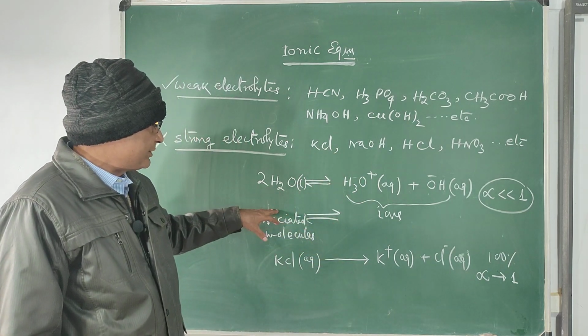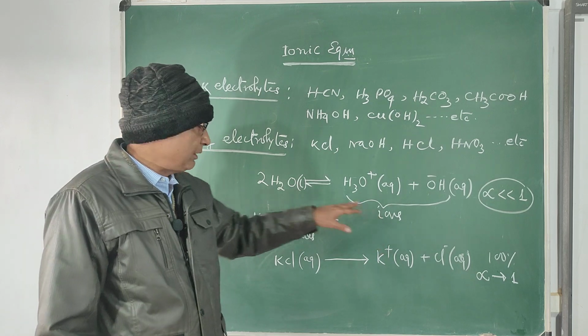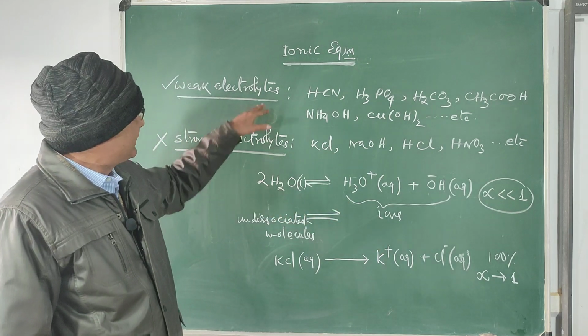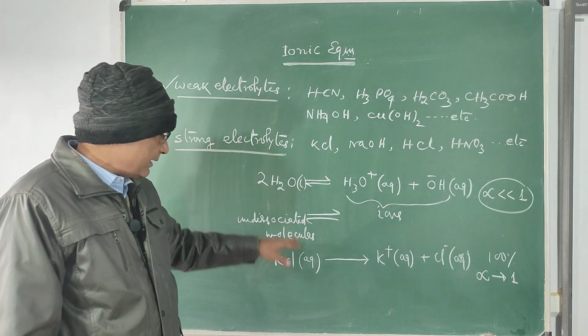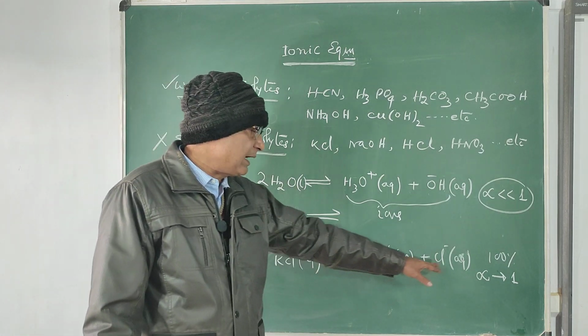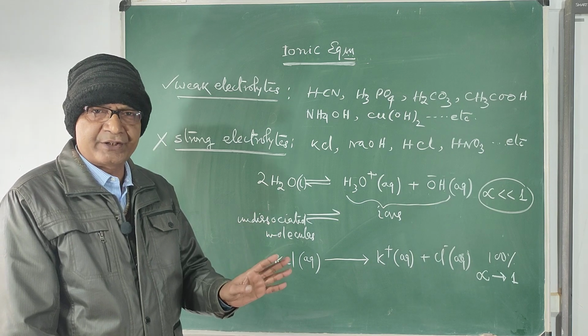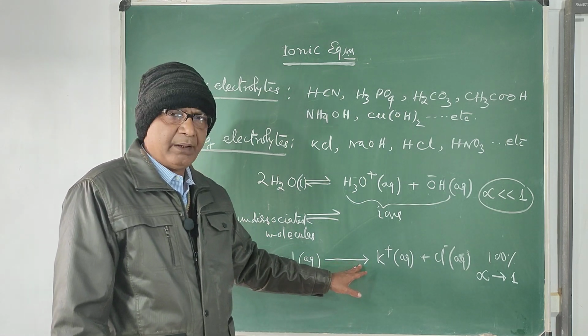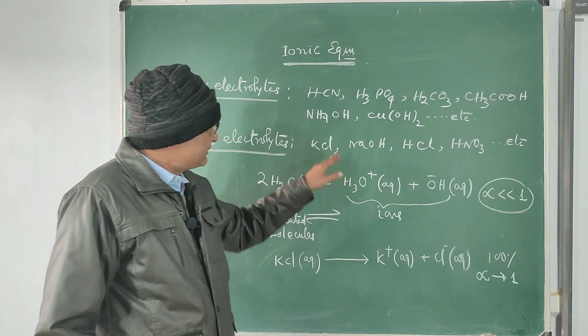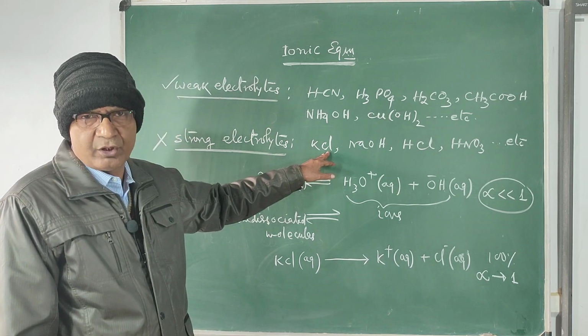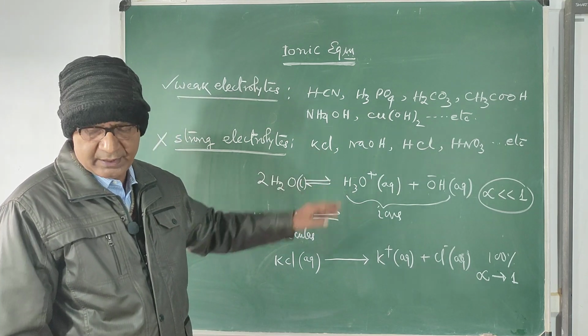Because undissociated molecules and ions both exist in the solution in case of weak electrolytes. However, in case of strong electrolytes, only ions are present. There will be no undissociated molecules or units. That's why no equilibrium is attained for strong electrolytes.